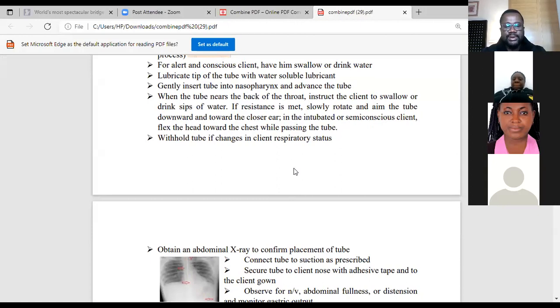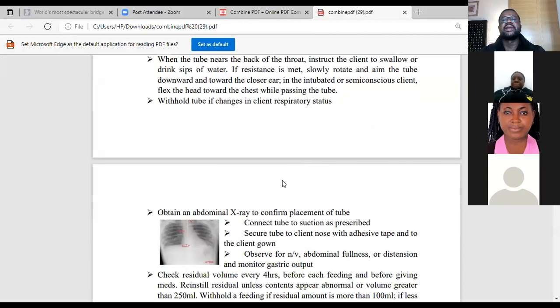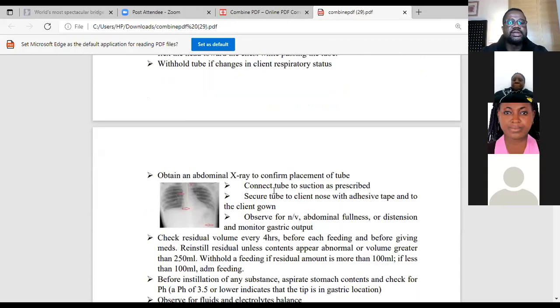Please don't remove it. It says withhold it a bit, just hold it, let the patient relax, and then you continue. This is an important area. You're going to see a question in this area. So I say you just withhold it a bit, let the respiratory stress subside, and then you continue to insert the tube.